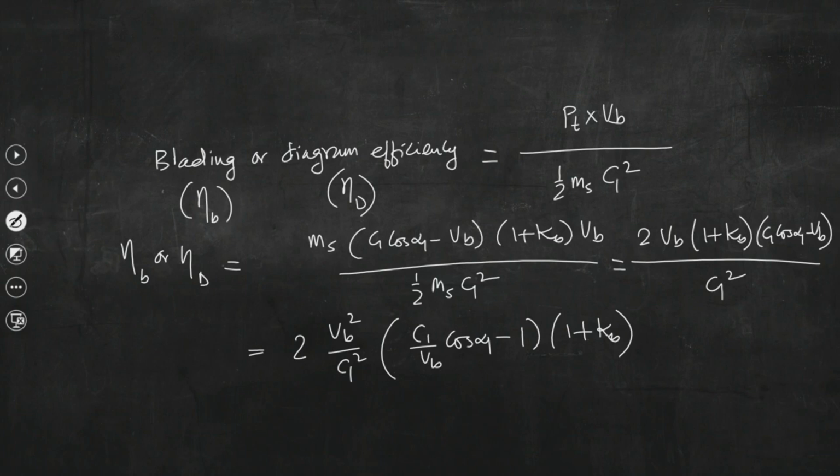What we can see is the ratio of Vb by C1. So, we can write this is cos alpha divided by Vb by C1. So, we can write a ratio of Vb by C1, and that is known as velocity ratio Vr. So, this Vb by C1 is known as velocity ratio.